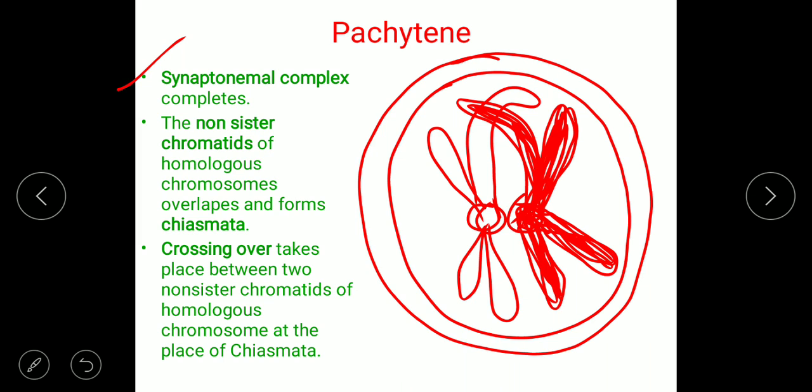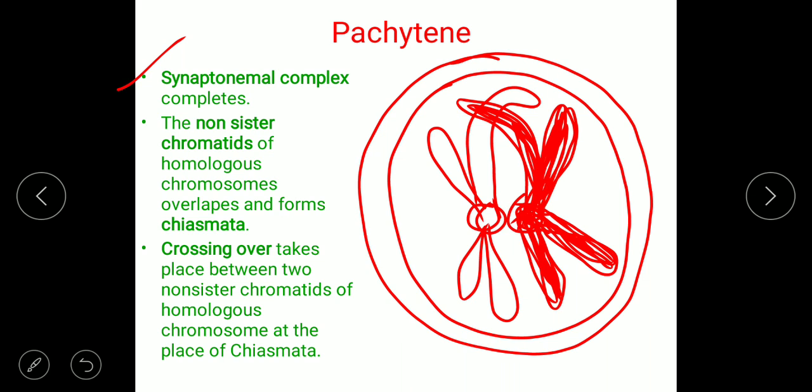This is a homologous pair, and this one and this one are the non-sister chromatids, and these chromatids will overlap to interchange their genetic material.